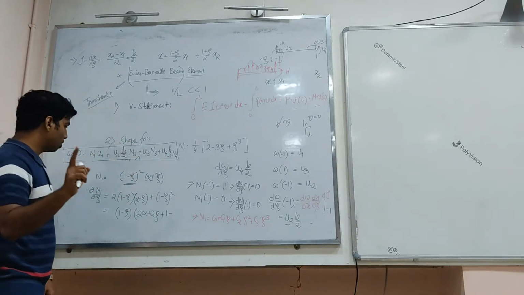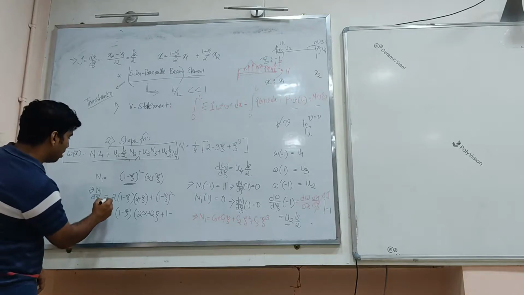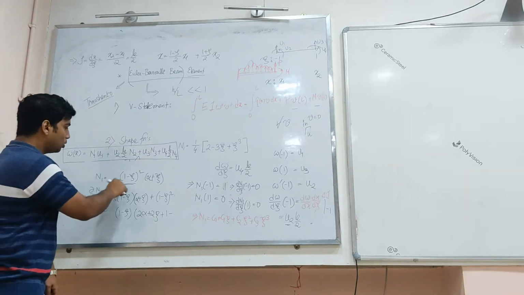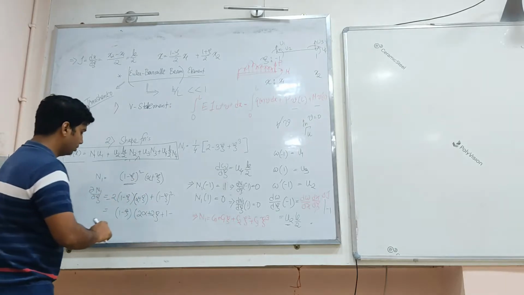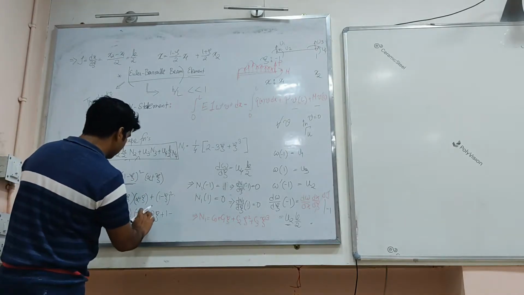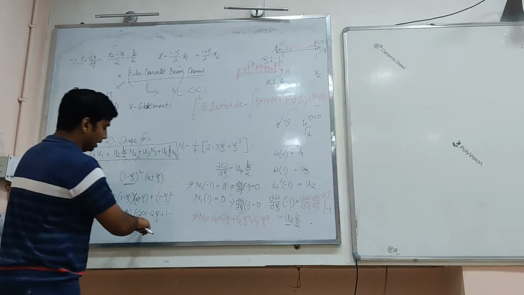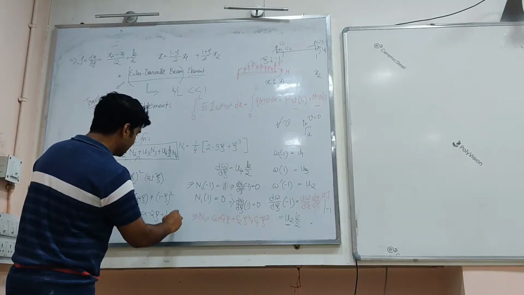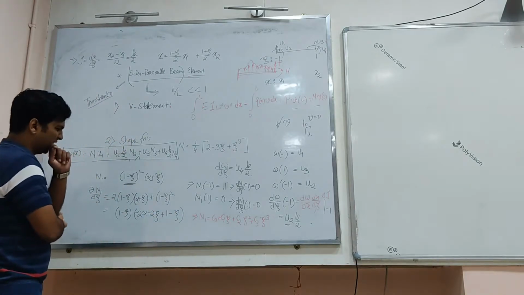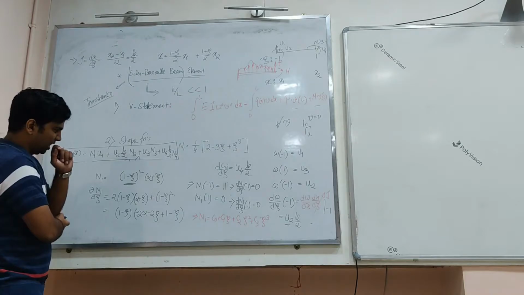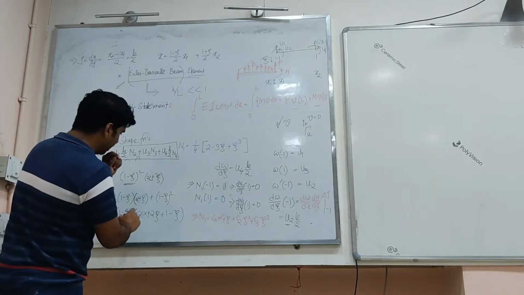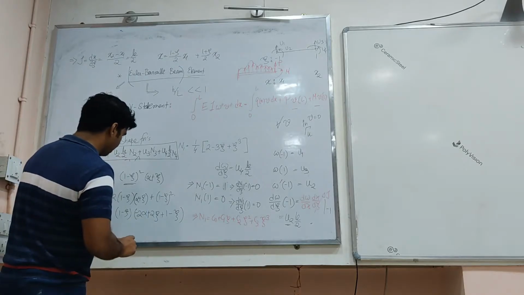There is just one more change. This thing will come with a negative sign: twice 1 minus Xi, then minus 1, so minus 2 alpha minus 2 Xi, then plus 1 minus Xi.